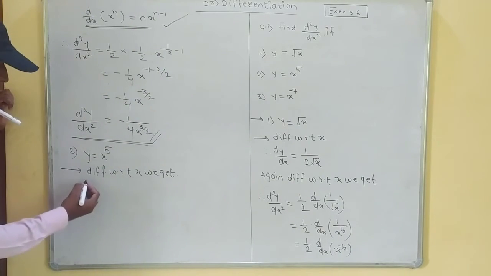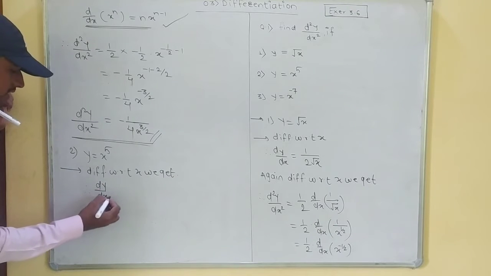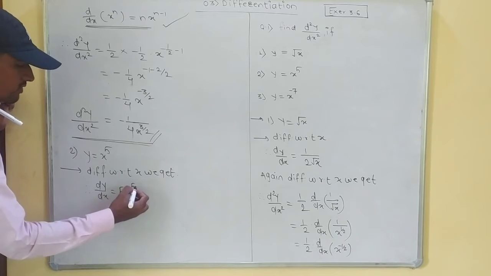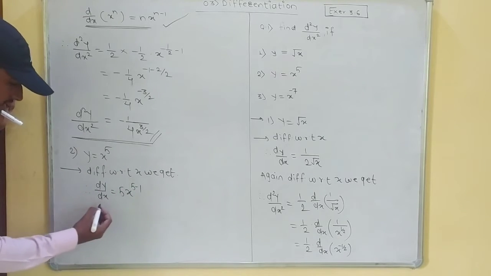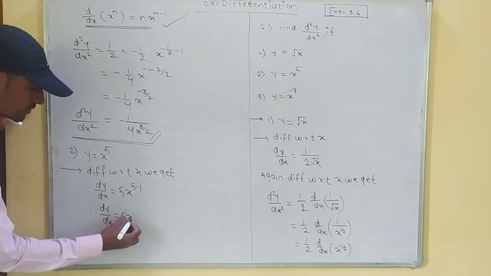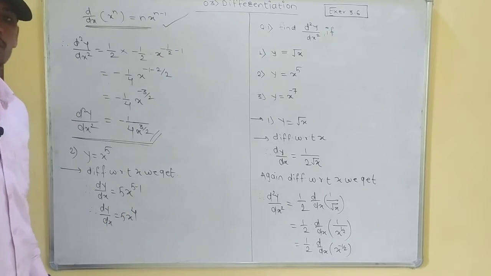By using this formula, the derivative of x raised to 5 is 5 into x raised to 5 minus 1. Therefore dy by dx is equal to 5 into x raised to 4. 5 into x raised to 5 minus 1 means 4.